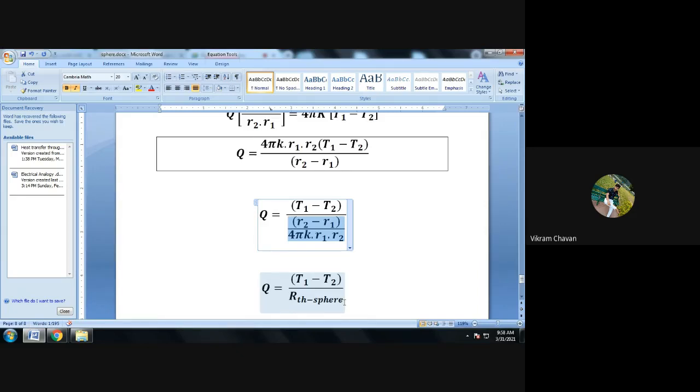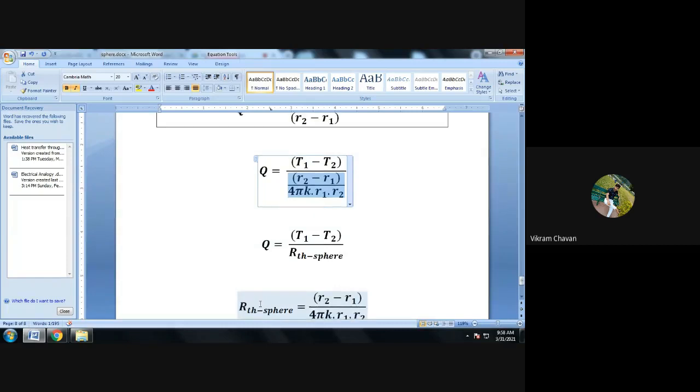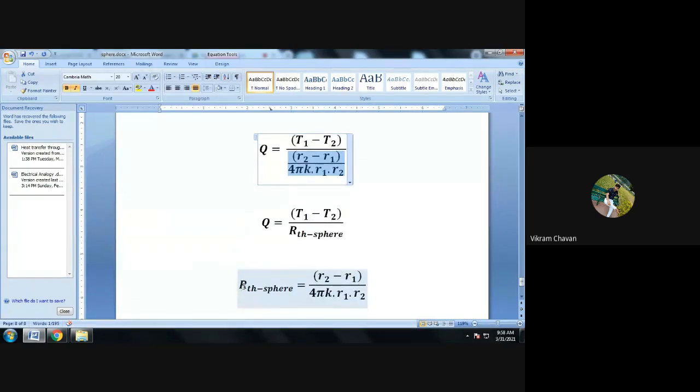And the thermal resistance is equal to r2 minus r1 divided by 4 pi k multiplied by r1 multiplied by r2. Is everyone getting this? Is there any question, any doubt? And you can write the thermal resistance equation further as R_TH sphere is equal to r2 minus r1 over 4 pi k r1 multiplied by r2.